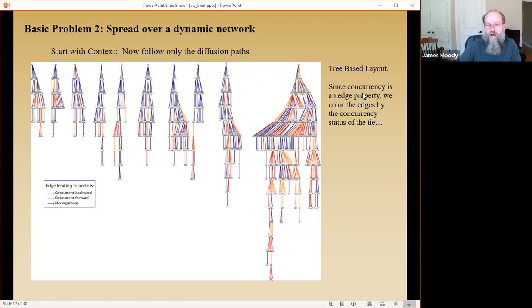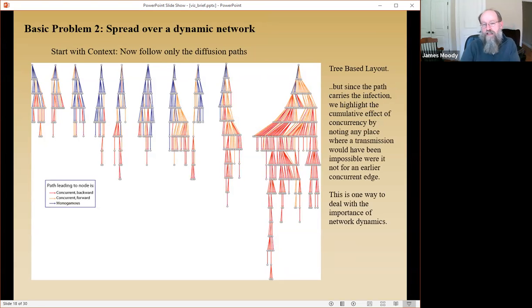It's a little hard to see when you just look at whether or not each edge is concurrent or not, red or blue. But if instead you ask, is there any concurrency upstream of me? You can see that the thing that distinguishes this one is that everybody has some concurrency upstream of them, and you don't get any of these long chains unless you have some. So concurrency ends up being a necessary but not sufficient feature for getting these long chains in the network.